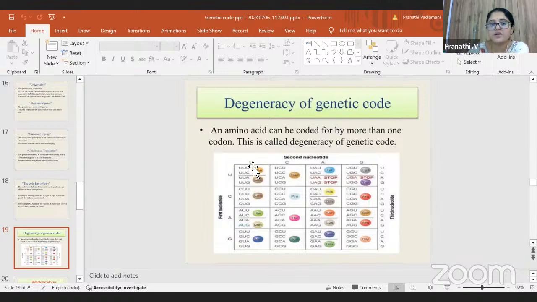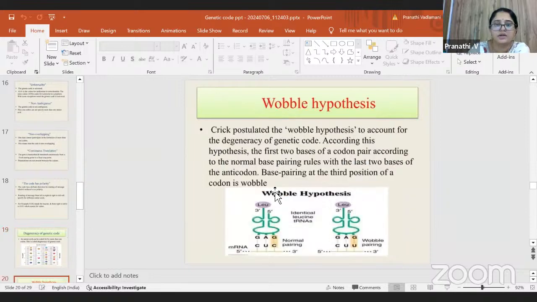Degeneracy: if the last nucleotide is changing, it is not a problem. But if you change the first two nucleotides, you're going to get a different amino acid altogether. So this is what you mean by degeneracy of the genetic code: an amino acid can be coded for by more than one codon.